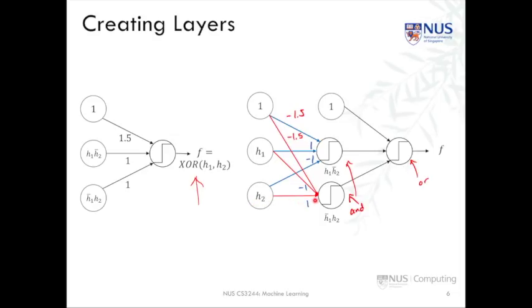So this is going to be, again, negative 1.5 plus 1 plus 1. And this is going to give us a positive 0.5, which is going to fire this neuron in this particular case of H1 not and H2 being on. So we've computed our XOR function. Congratulations! Here we have it all summed up nicely for you on the following slide.